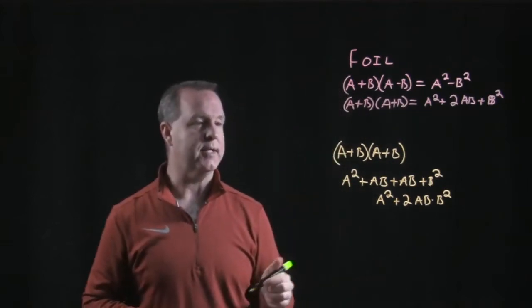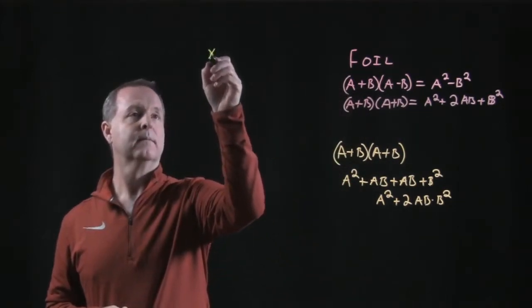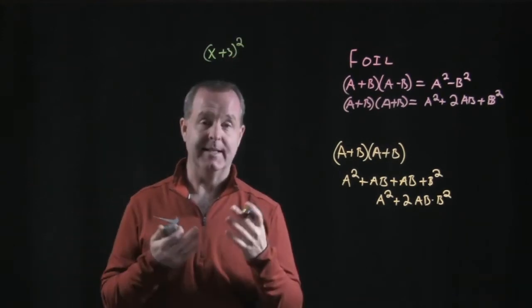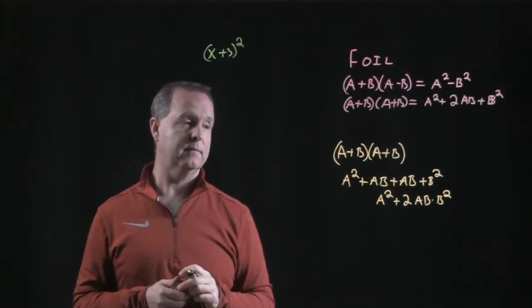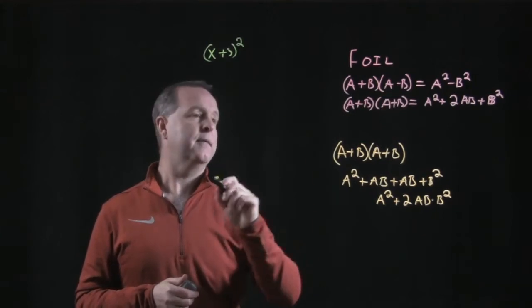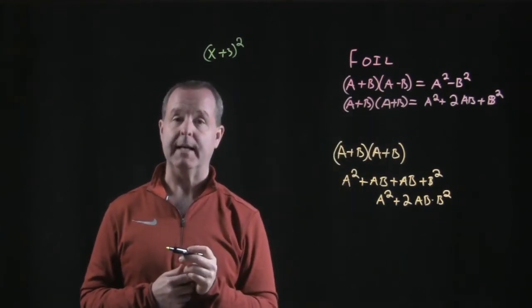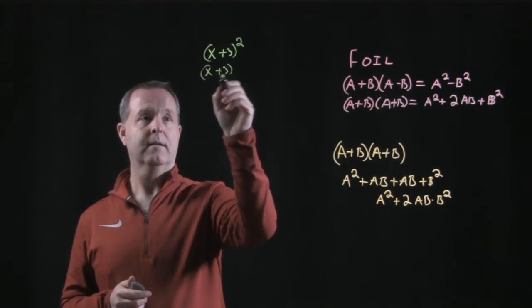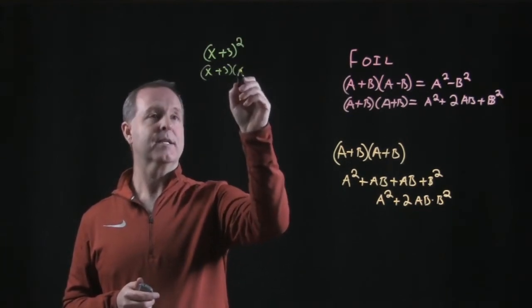Let's look at x plus 3 squared. It's a binomial times itself, so that fits this pattern, A plus B times A plus B, doesn't it? Yeah, because it's x plus 3 times x plus 3.